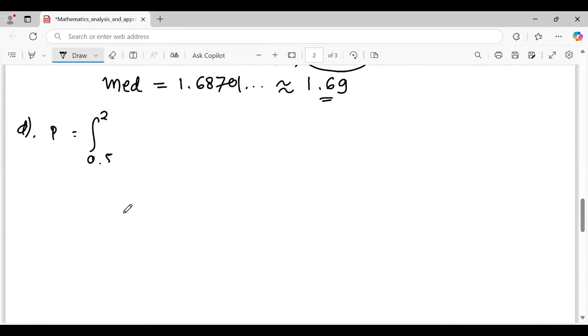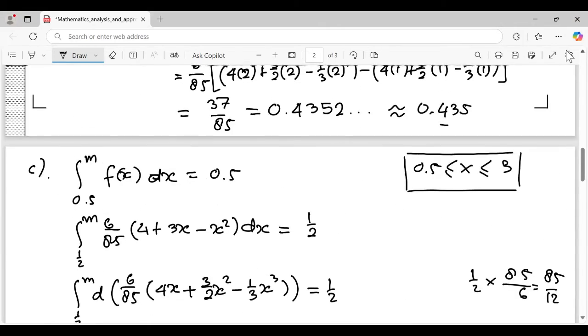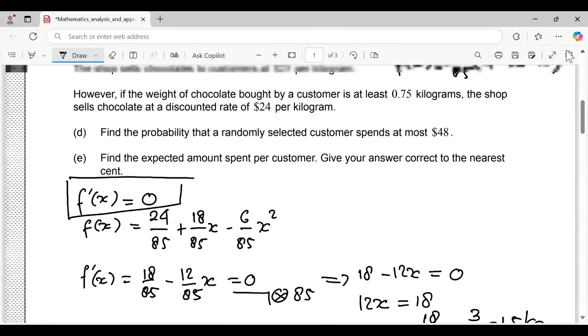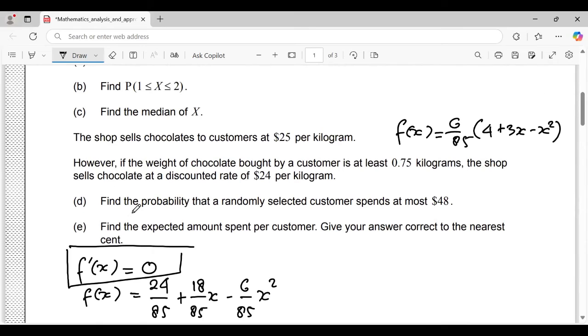If you look at the question and information, it asks to find the probability that a randomly selected customer spends at most $48. $48 means 24 times 2, because chocolate at this kind of rate is 24 per kilogram.